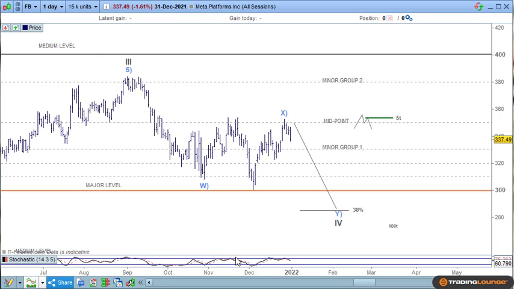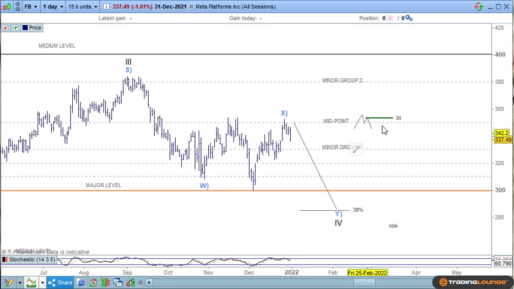So I'm still expecting it to move down, if it finds support on the midpoint, which is just halfway between the 300 and the 400 here, and the Fibonacci sequence is 1, 2, 3, 5, and 8. It would need a classic trading levels pattern.